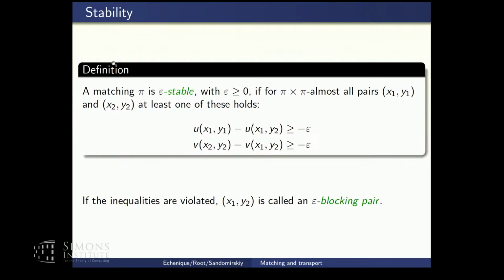If at least one of these holds, and I have an epsilon that goes in my favor here. Hopefully this looks familiar enough that you believe that in this potentially infinite world, this is a reasonable notion of stable matchings. So this is the definition of stability.